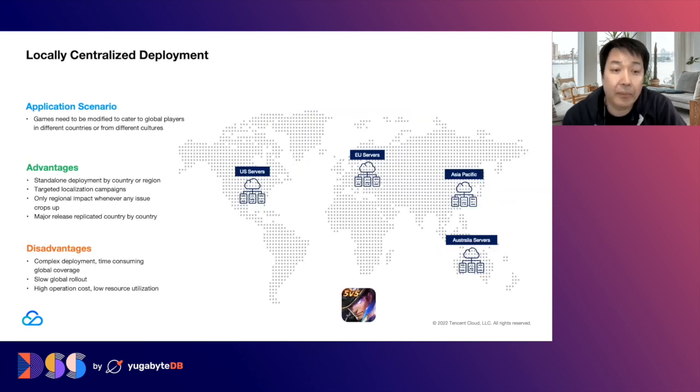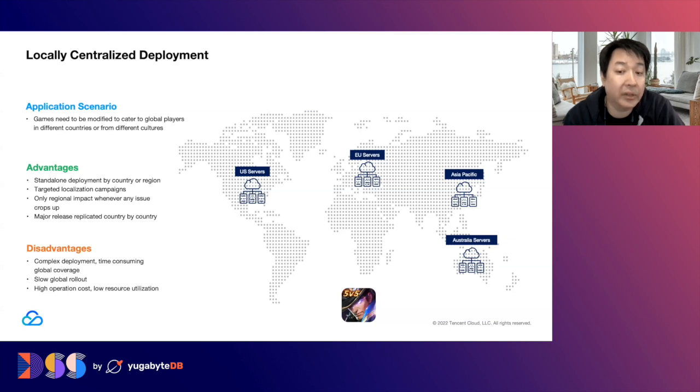The next deployment model is the local centralized deployment, which allows for regional access with infrastructure deployed in one country or region serving their respective regional players. The advantages of this deployment model is that you can have a standalone deployment by country or region, and you can have targeted localization campaigns.